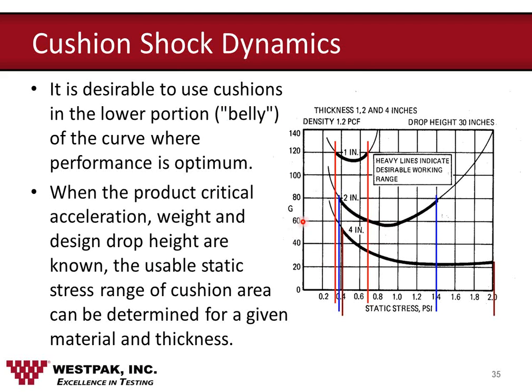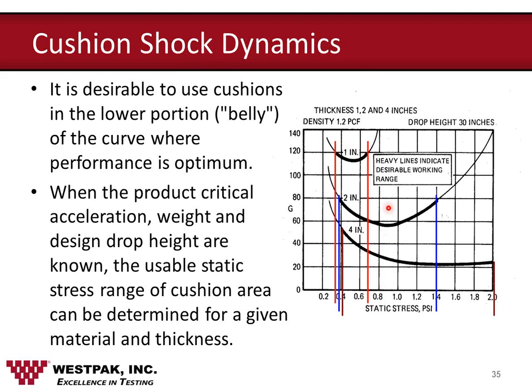So if you've previously done your fragility analysis, you know exactly what G level the product must be protected to. So if this is the anticipated drop height in the distribution environment, and that's the known fragility level, you know exactly how thick a cushion and at what loading, how much weight per unit area you need.